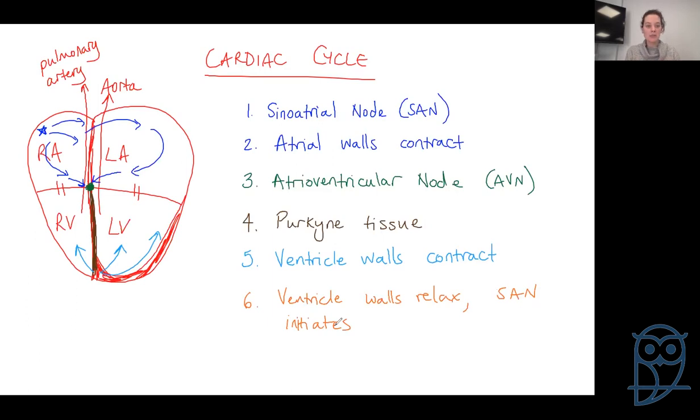So it's quite important that you've got this sort of understanding of what the cardiac cycle is and this difference in structure between different parts of the heart, so that we can then look at this diagram and understand it a bit better. So are we happy with the cardiac cycle in terms of where things are happening and the order in which things happen?